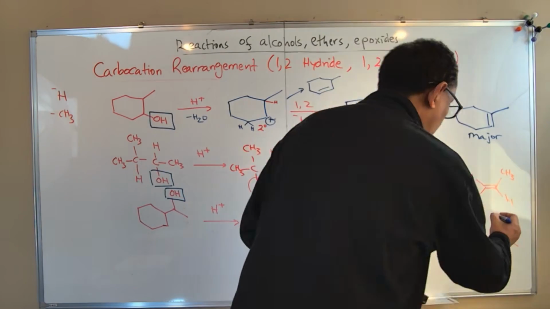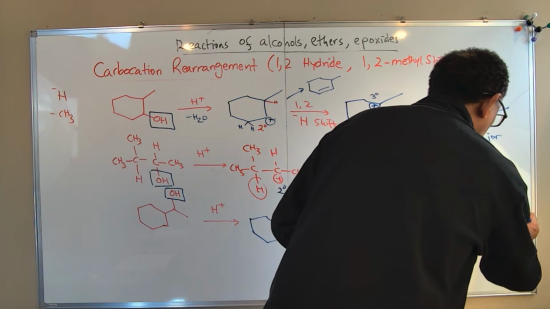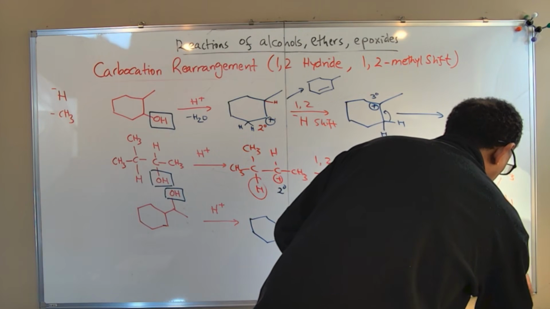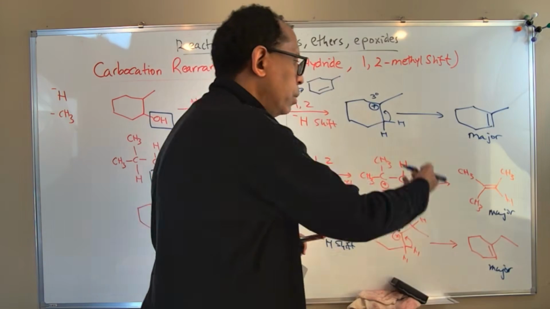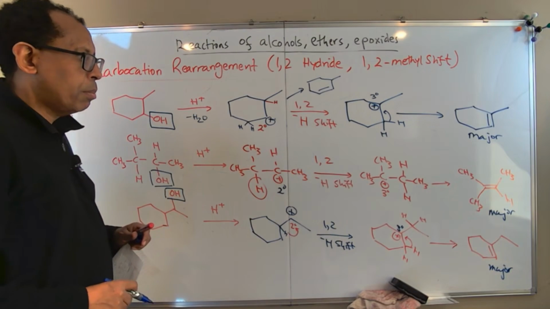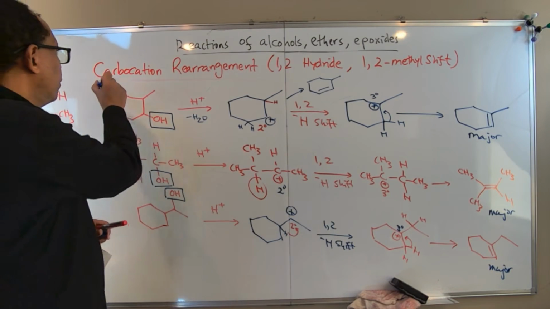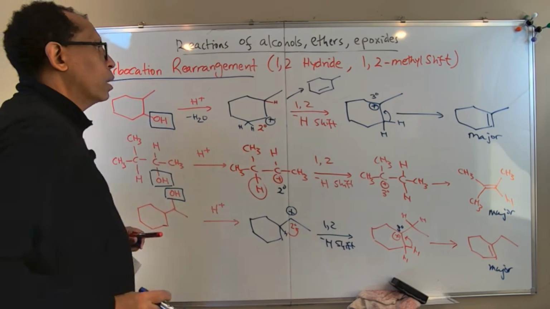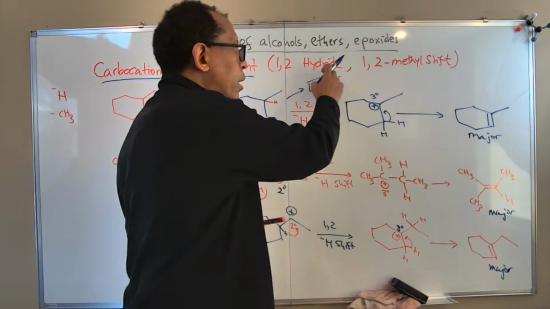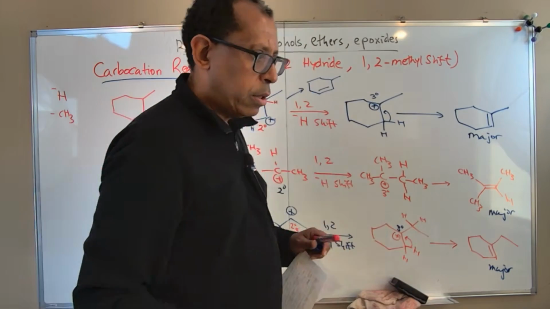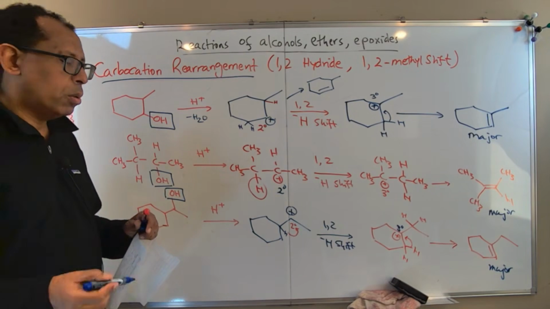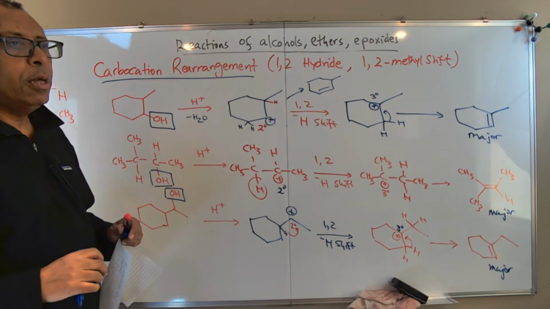So these are major products. That's what you see in the reaction mixture, major, because of the carbocation rearrangement through a 1,2 hydride or a 1,2 methyl shift. It could be a shift of a hydride or it could be a shift of methyl.